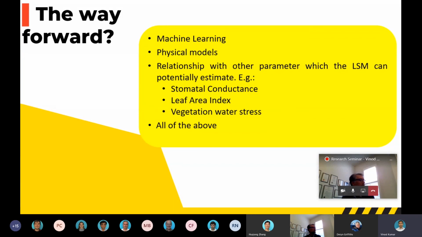So you could probably feed a lot of variables that can come out of a land surface model, like stomatal conductance and leaf area indices, into machine learning, and see whether you could get some skill out of it.